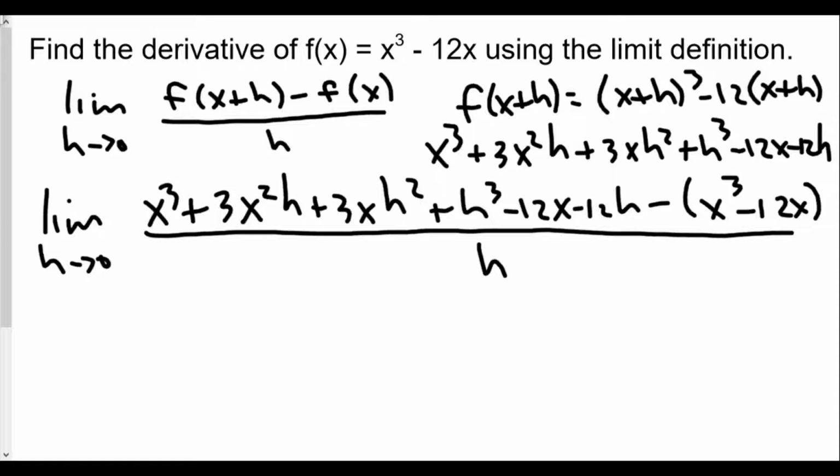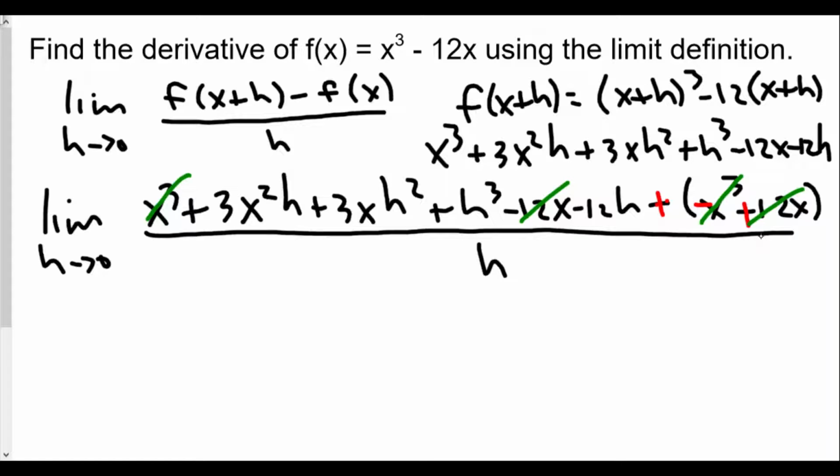Now we're subtracting x cubed minus 12x, so we distribute the negative 1 and change all the signs. At this point we can cancel out the x cubed and the x cubed, the negative 12x and the positive 12x.